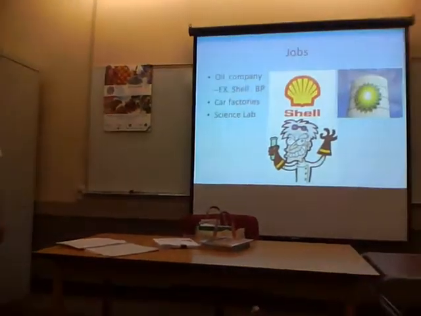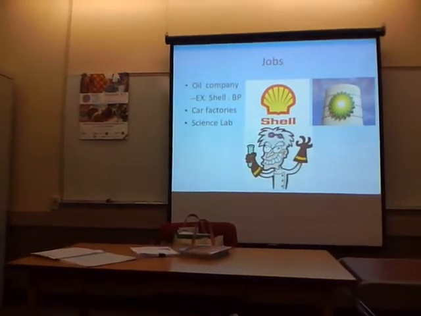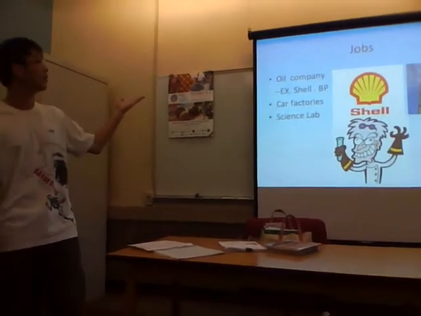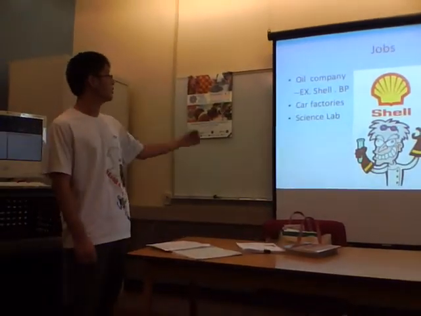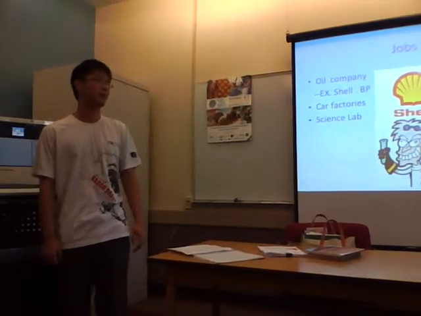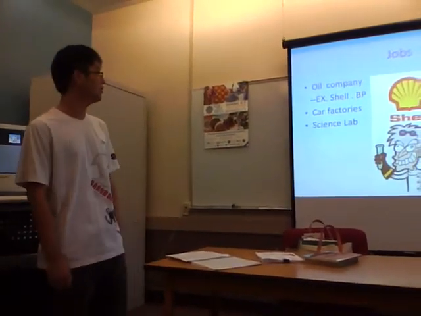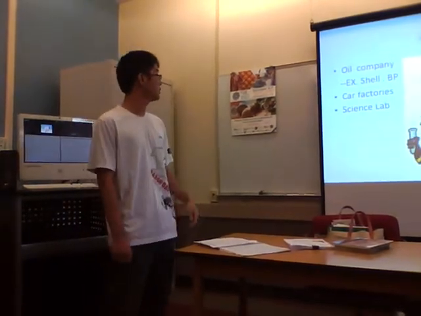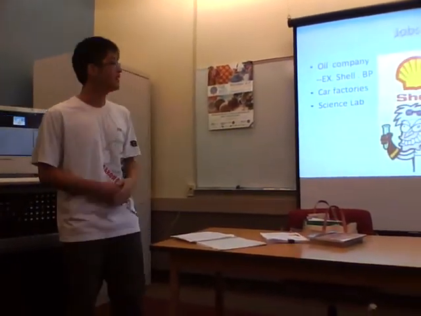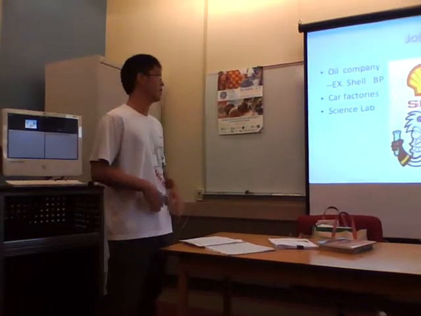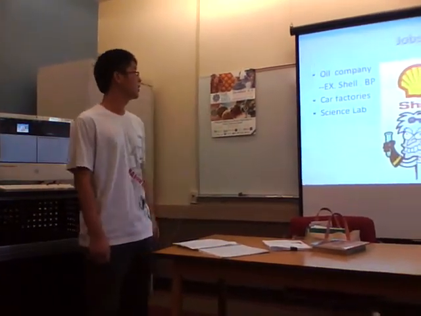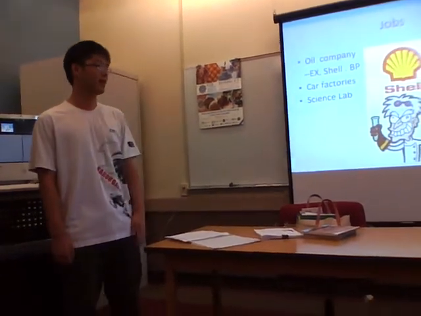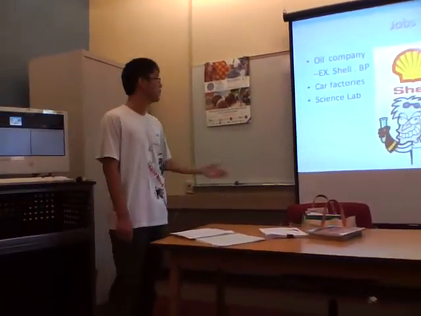Okay. Next section is about jobs. What can chemical engineers do after they graduate from college? First thing is to join the oil company, for example Shell and BP. The second job we can have is car factories. The last thing is science lab.